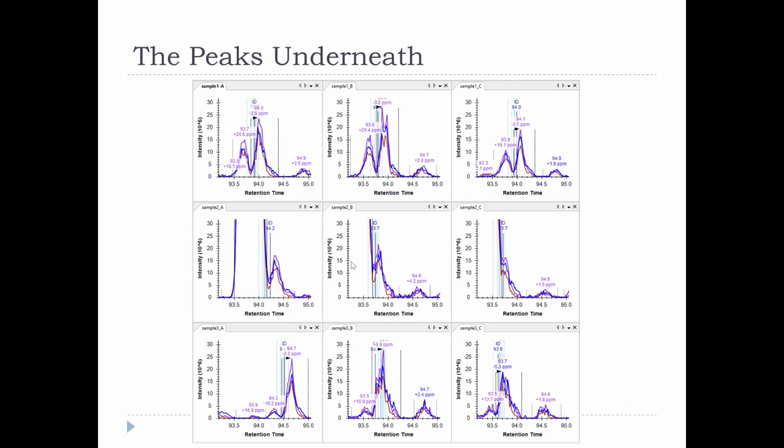But there are going to be other cases where you can't. If you zoom in closely, you can see this other peak is still there. And here, there's no tool that's going to think that this is not just a shoulder. There's way too much interference to get a real peak area here.